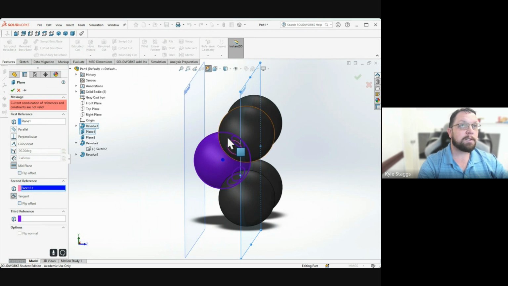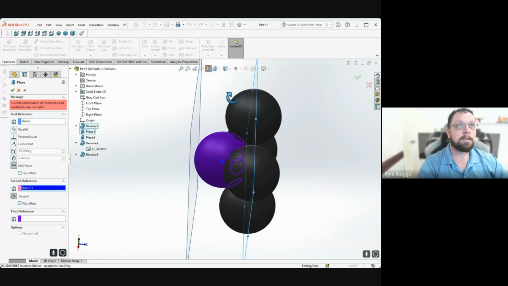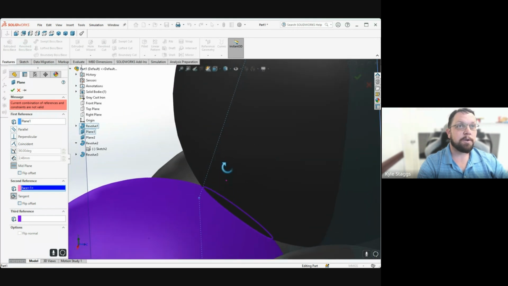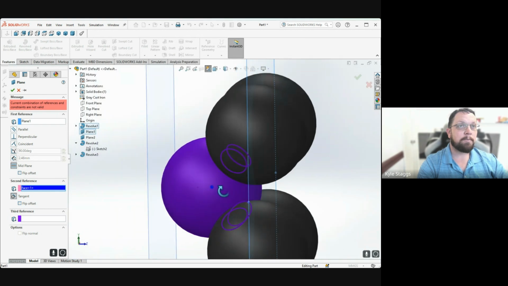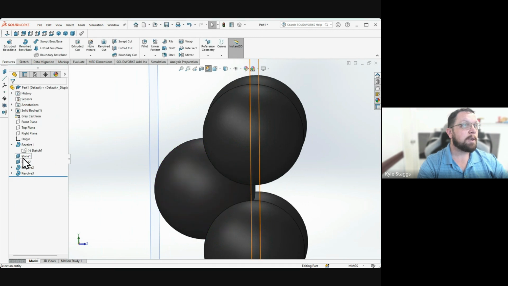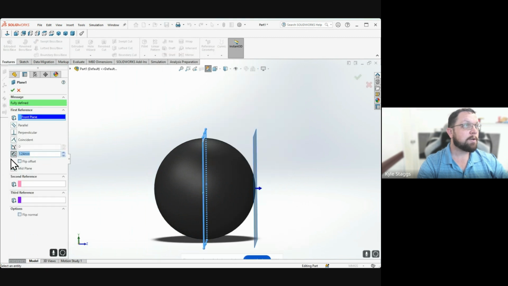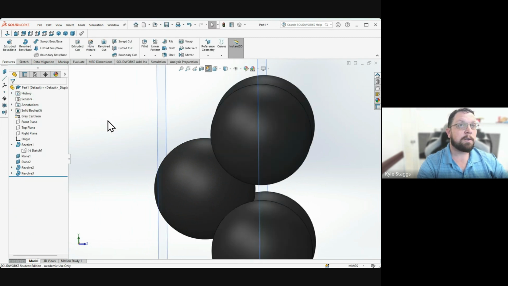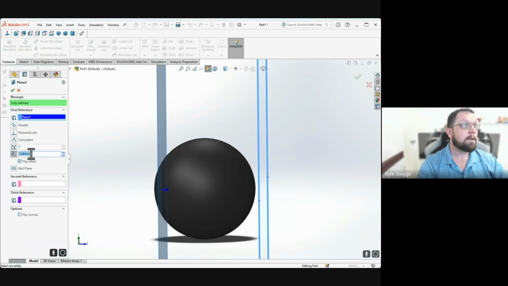Actually, our plane separation needs to be adjusted because these have a larger intersect region than they need to. So I'm going to make some adjustments to the planes first, and edit that feature. That separation distance actually needs to be this far. Okay, so our second plane needs to be this value times 2.